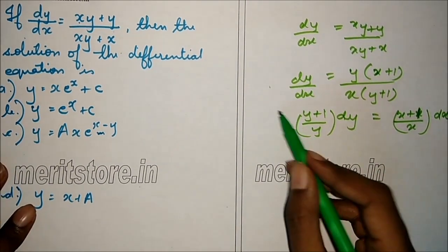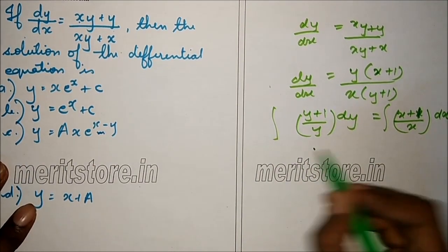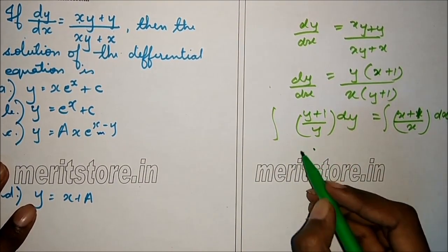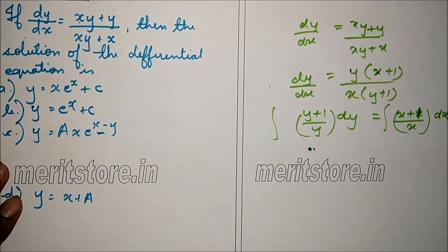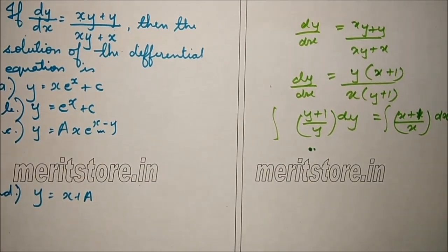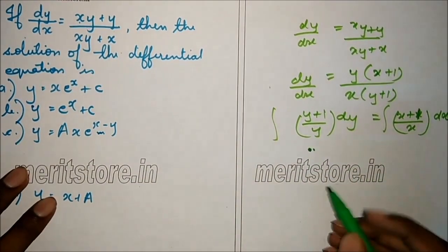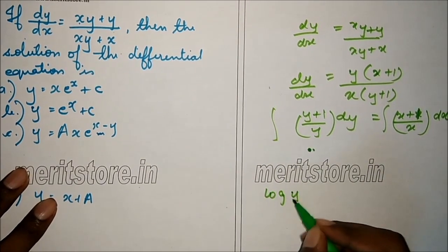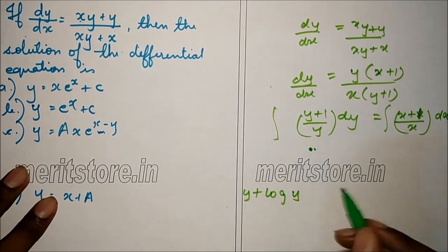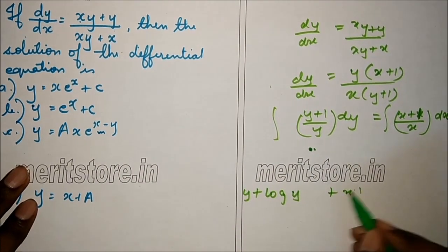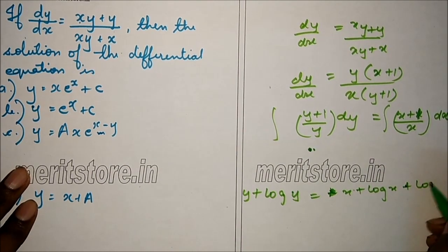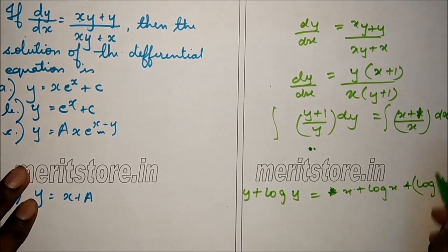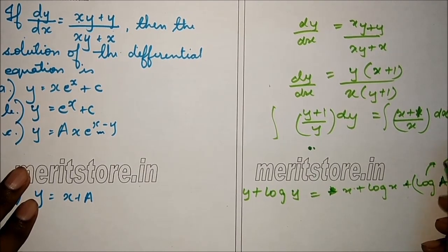So now integrating both sides, we get log of y plus y equals x plus log x plus a constant, which we write as log of a, that is c. So instead of c we are writing log of a.